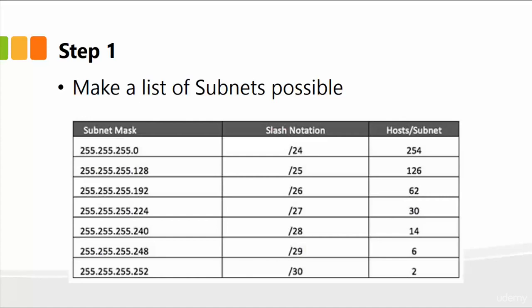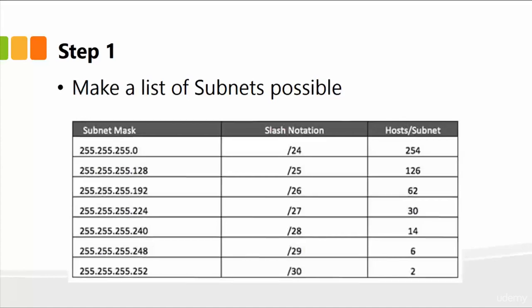In other words, just borrowing bits. Now the slash is 25 and the possible hosts are 126, for example, on that network or subnet. And likewise, we continue on just simply borrowing 1 bit from /24 to 25 to 26, 27, and so on. So that's the first step. You make a list of subnets possible.